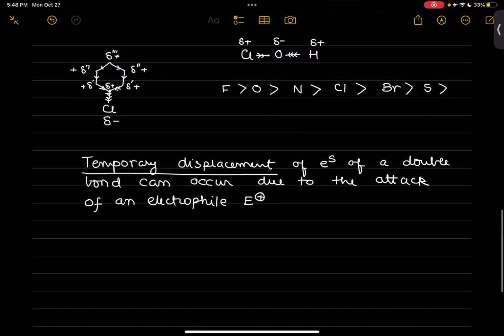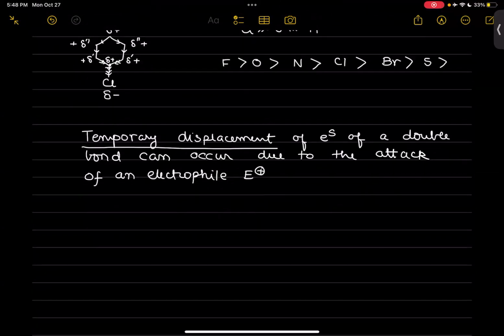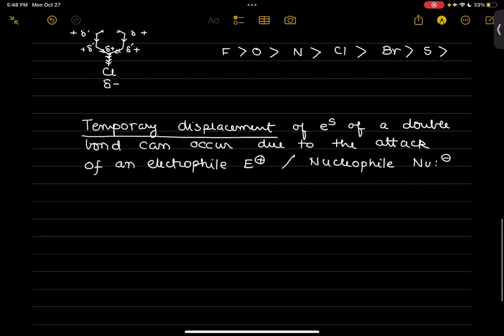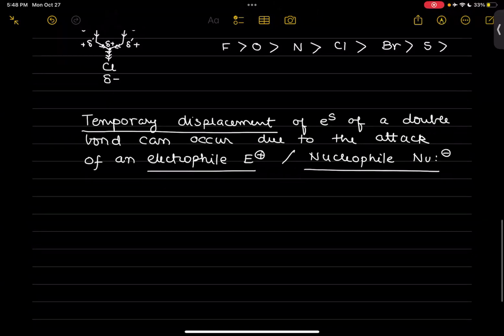Let me explain how it happens. This is a very important thing. If you can understand this, you can master all the reactions of organic chemistry.